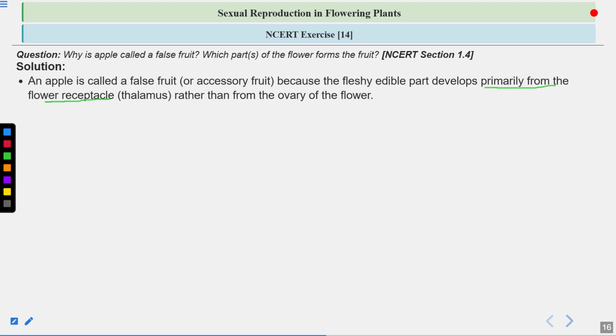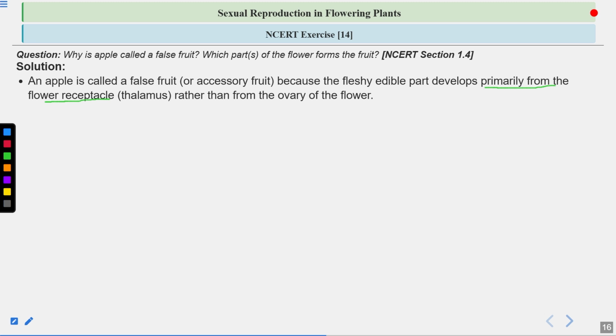All the nutrients are transported to the ovary, and slowly this ovary becomes the fruit. But in some fruits, what happens? The ovary is totally embedded inside the thalamus, like we see in the case of apple. The ovary is embedded inside the thalamus, that is the receptacle part, right? The extra food material synthesized by the plant by photosynthesis is transported to the flower after fertilization.